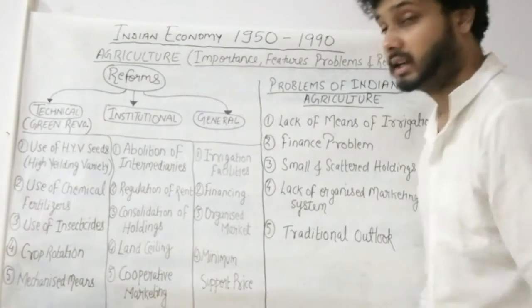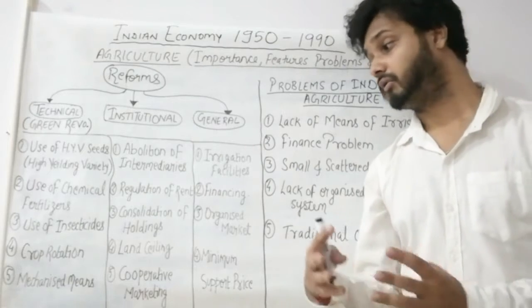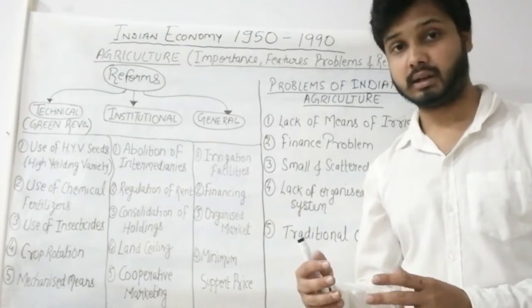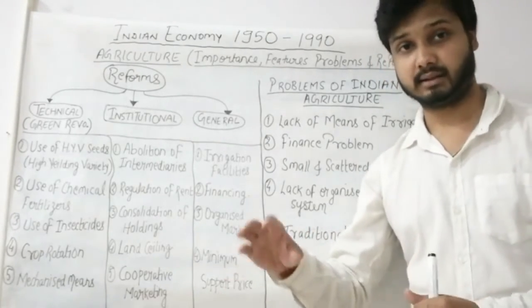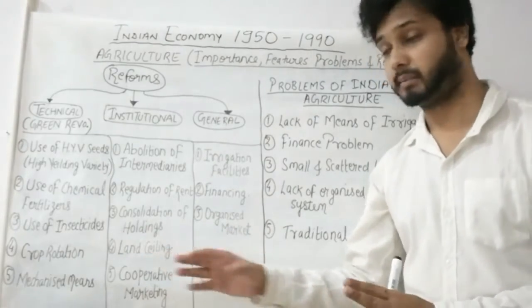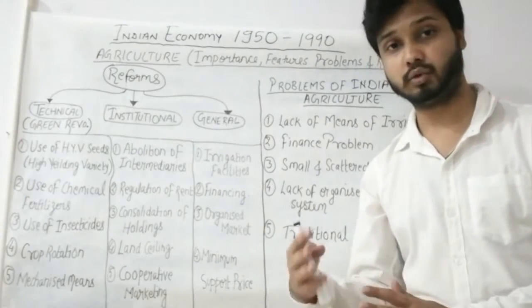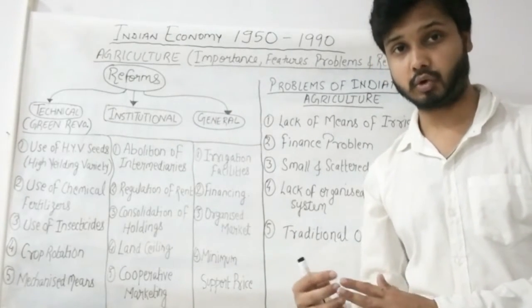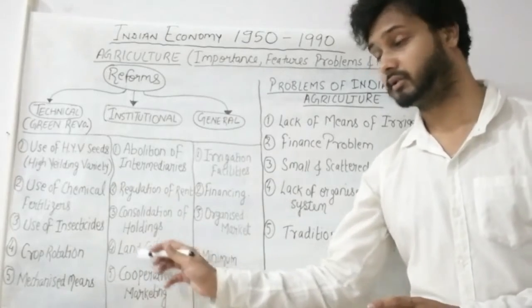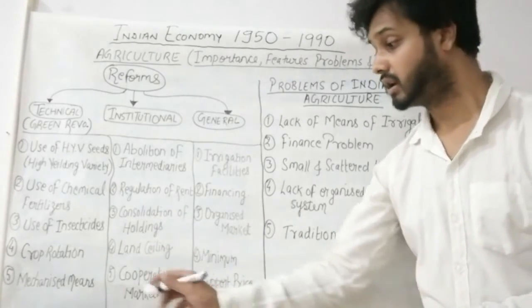Land ceiling. Land ceiling was applied. It is a method, students, where the maximum land that a farmer or any person could hold was fixed, so that a single individual could only hold a limited amount of land. That is known as land ceiling.